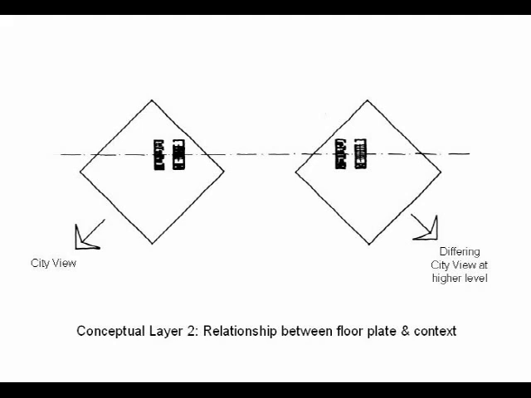The main difference between a 3-storey building and a 30-storey building is that a 30-storey building has a relationship, potentially, with 100 sites around the city. Unlike a 3-storey building, which only has a direct visual contact relationship with the site context at the base. As you rise up with the tall building, it starts to open up a visual dialogue with places around the city. Views of the city and views of the building from parts of the city.